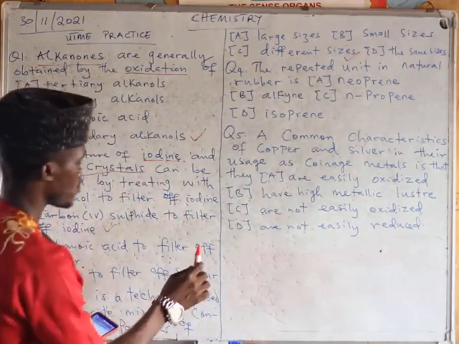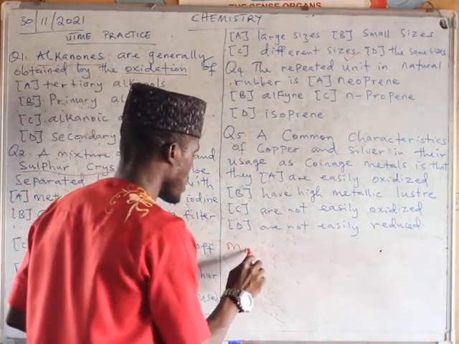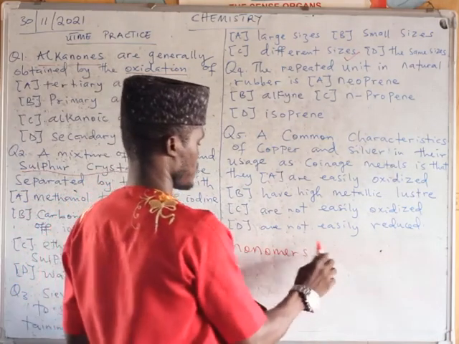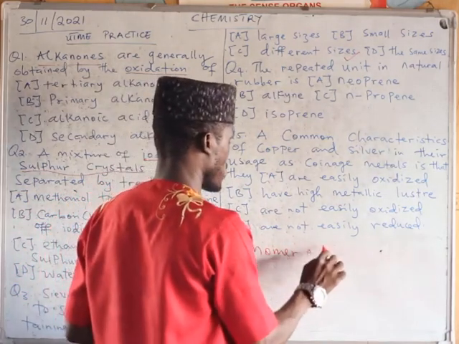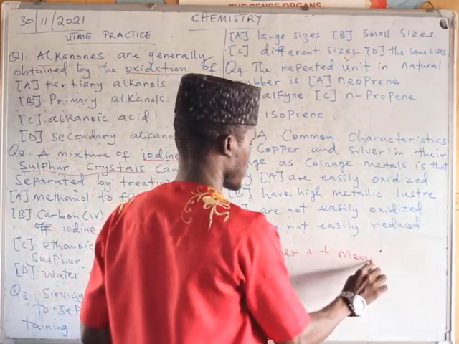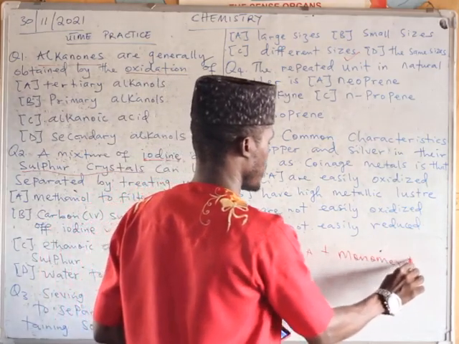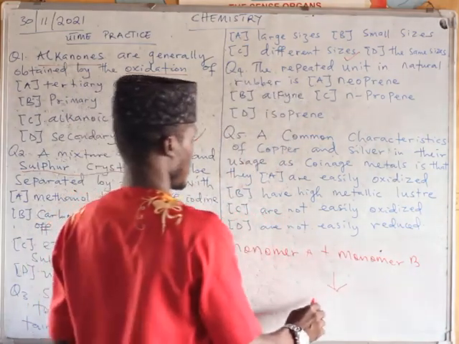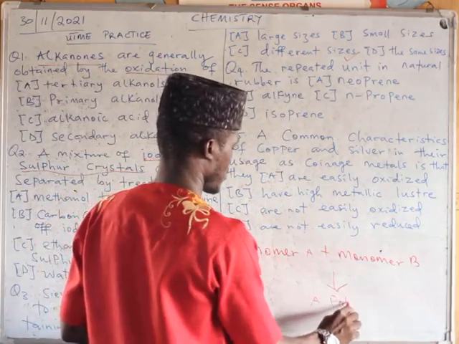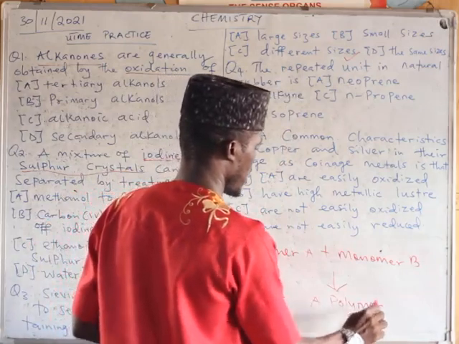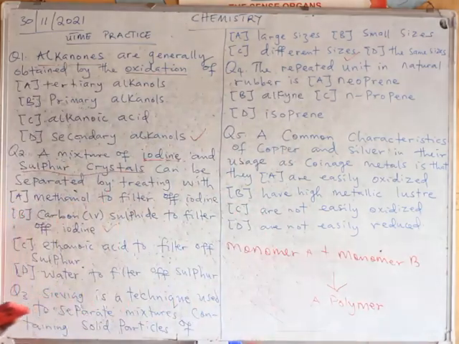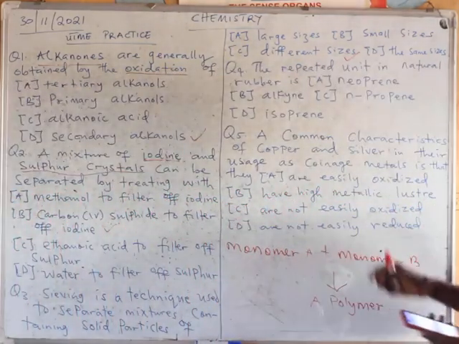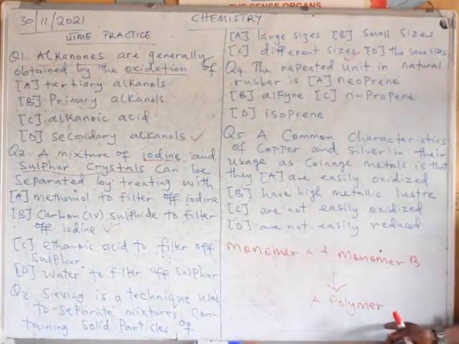Okay? So, when you have monomer A plus monomer B, this will give you what? A polymer. Is that understood? Now, in this case, natural rubber is a polymer.